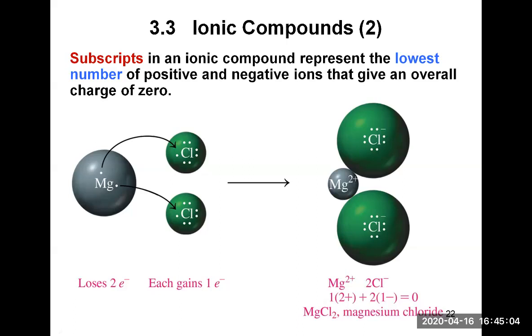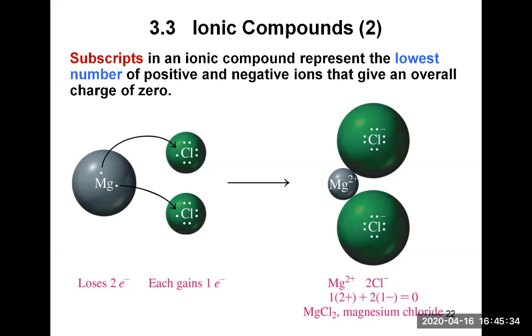And magnesium likes to lose those 2 valence electrons to get 10 electrons around it instead of 12, to be like a neon. And chlorine, we know already, likes to gain 1 electron because it has 7 valence electrons from being in group 7A, and likes to gain 1 more to have an octet.